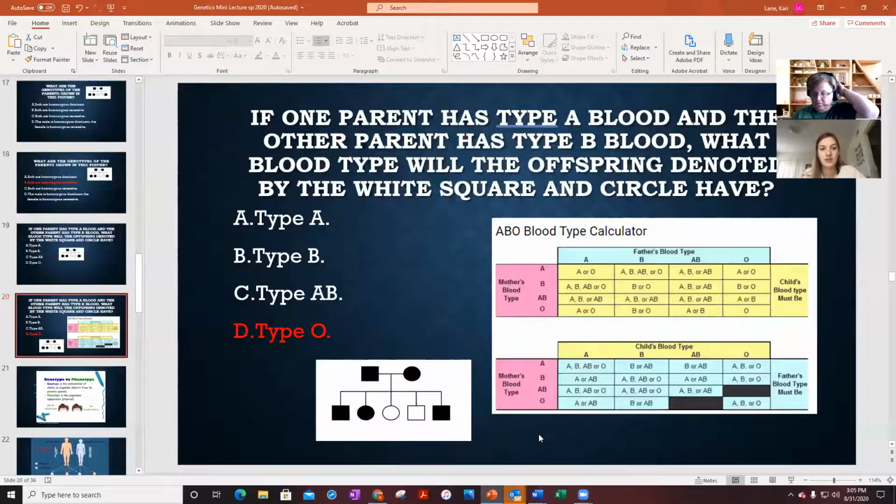Okay. So if the question were to be, instead of a white square or circle, like the black square or circle, would it still be type O? We would need more information.